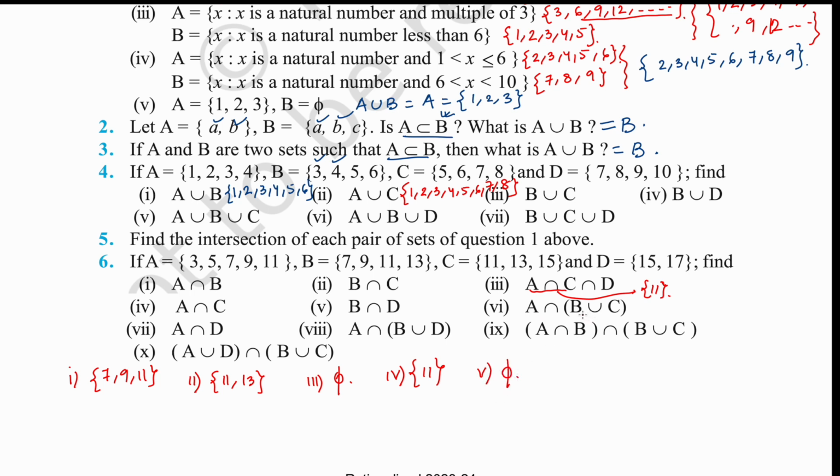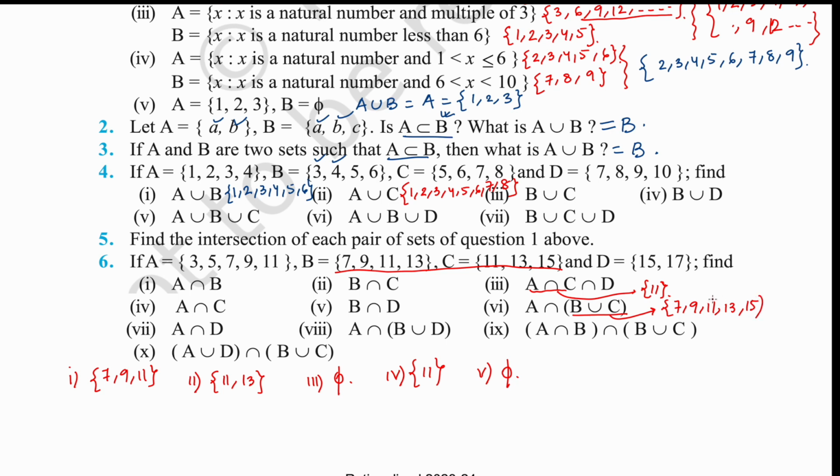A intersection B union C. First we have to take the union of these two sets, right? So B union C is going to give you a result where you have 7, 9, 11, 13, and then you have to take union with C. 11 and 13 we have already included, so we have to include 15 also.